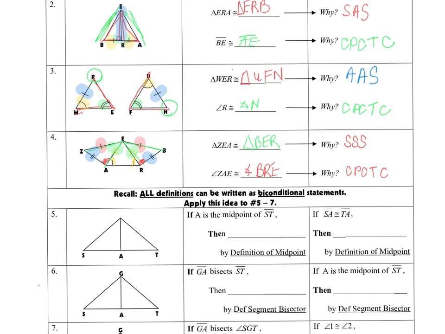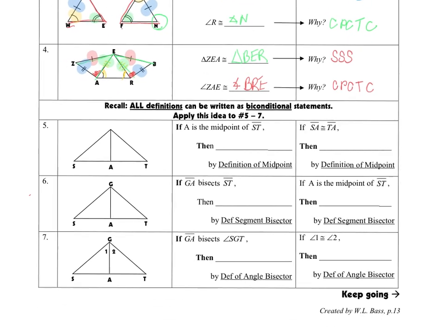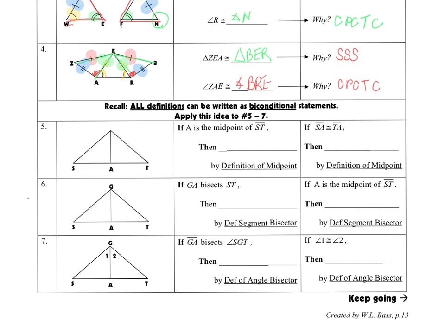Okay. If we look at the next 3, we're going to recall all definitions can be written as biconditional statements. And so if we look at number 5, we want to make sure that we're really paying attention to what is given to us, because then based on that given information, we're going to be able to make a statement and support it with a reason.